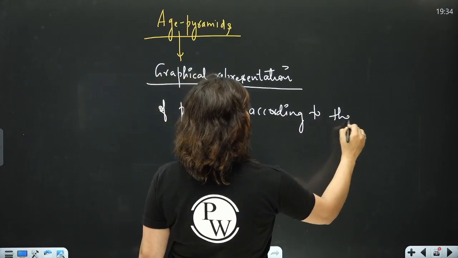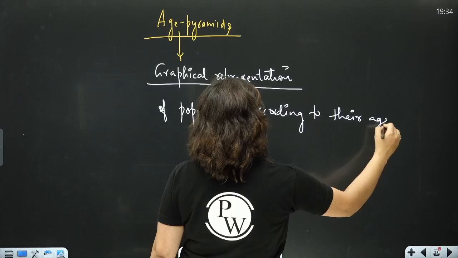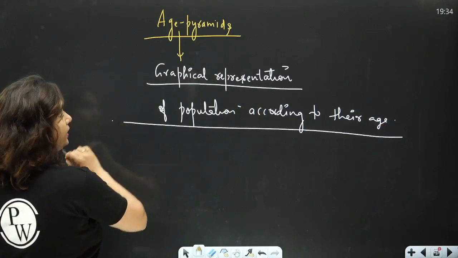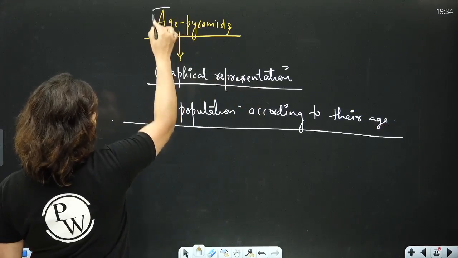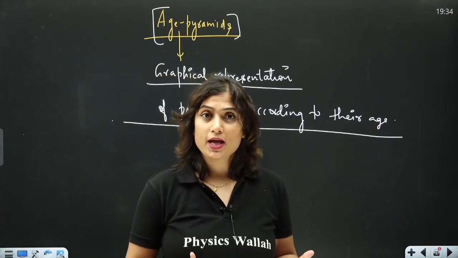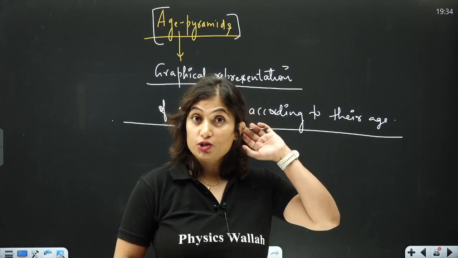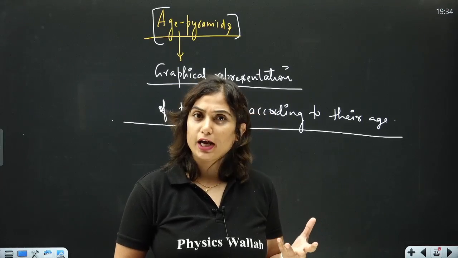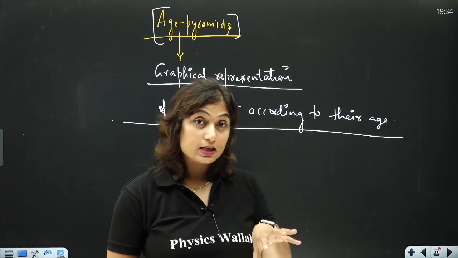So according to the age of the population, we graphically represent it, and that is called the age pyramid. And what does an age pyramid tell you? What kinds of individuals are more in a population and what kinds of individuals are fewer.